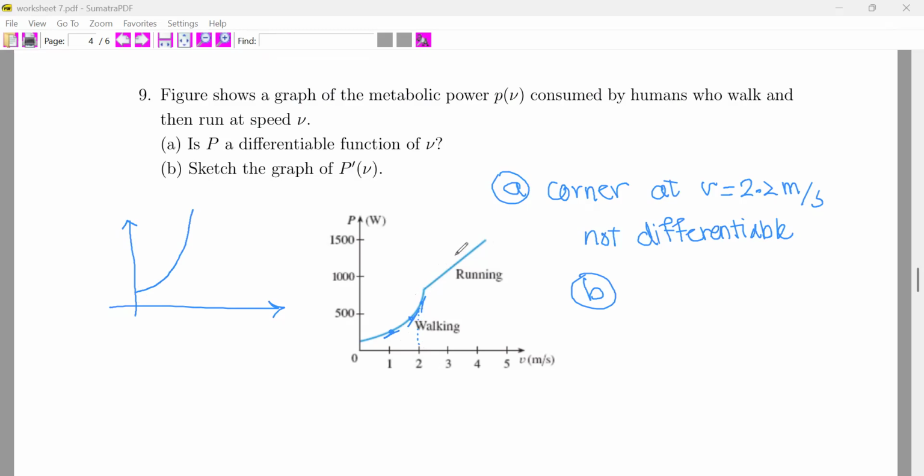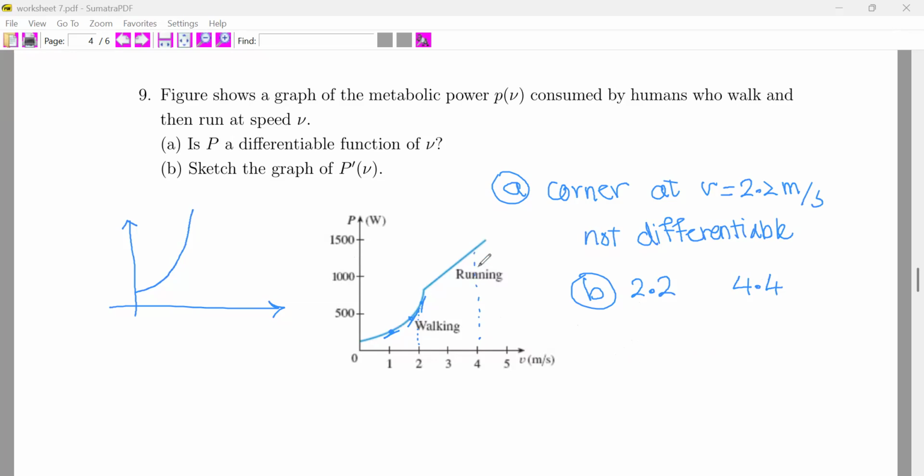So we need to find the slope of this line here. We can pick two typical numbers here. We have 2.2. Let's find another one, like 4.4 or any other number that you would like after 2.2. And using the graph, we can guess the points.